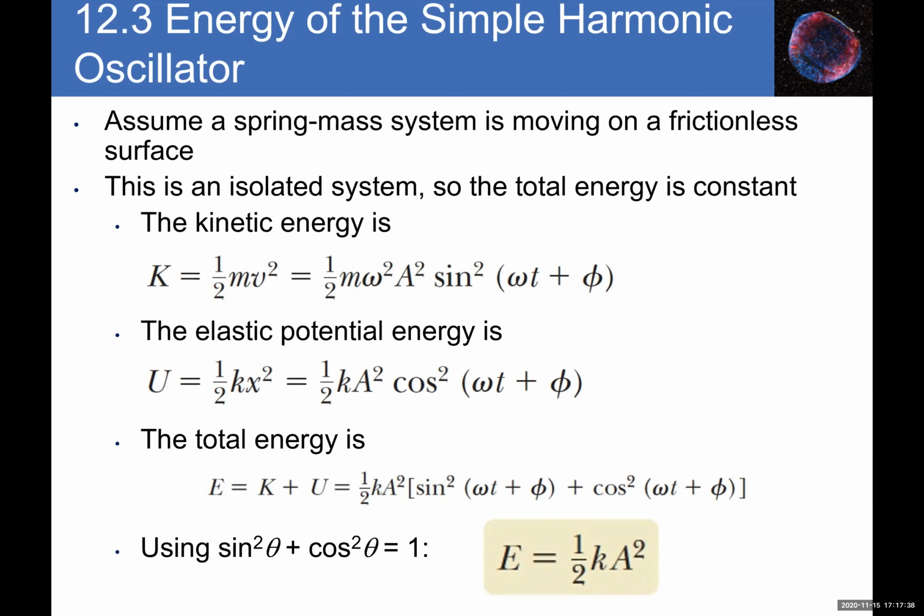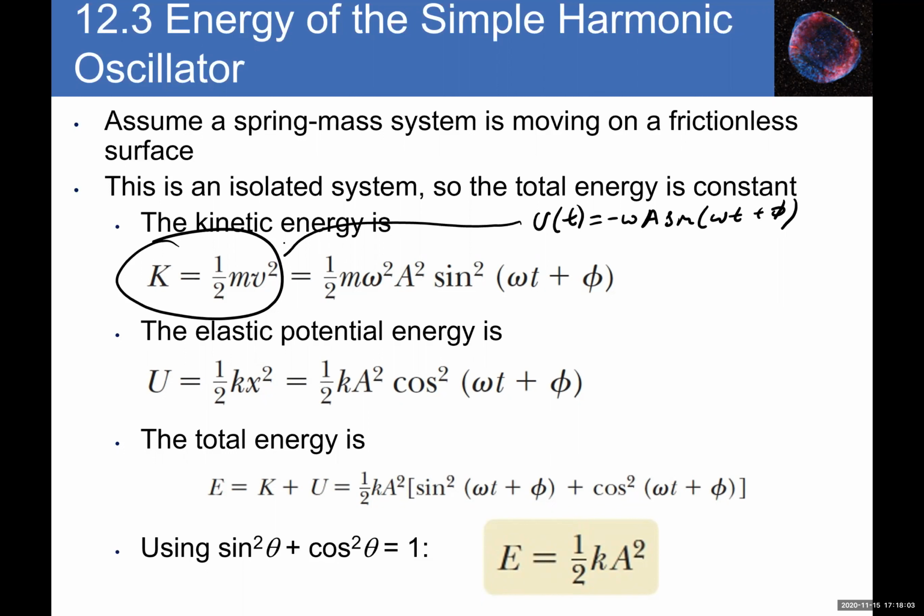Now, what I have here is this. So you can see, right, I have the kinetic energy, which is 1 half m times v squared. Well, this is 1 half times m times, well, what is v? Well, v changes with time, and this is equal to negative omega a sine of omega t plus phi, right?